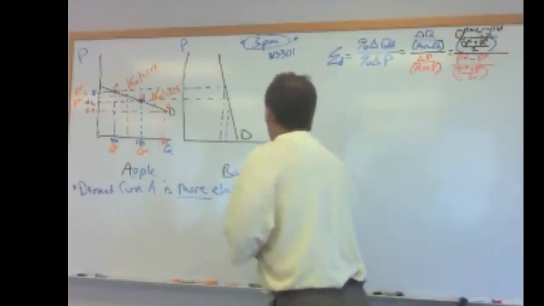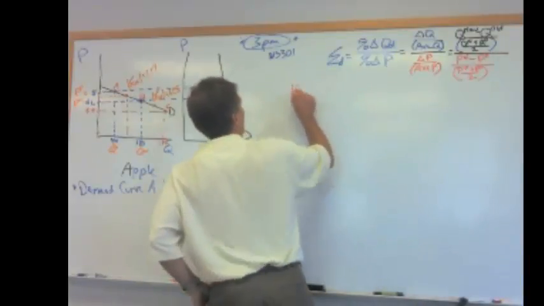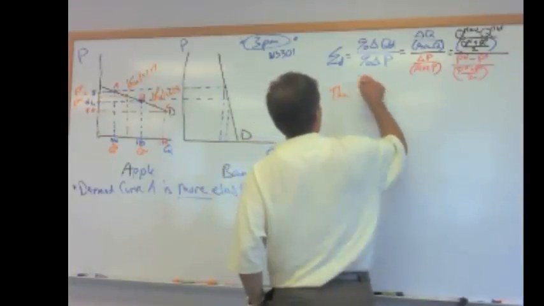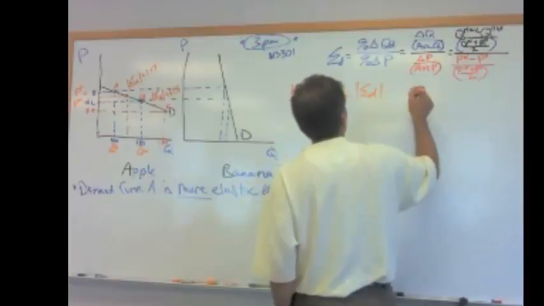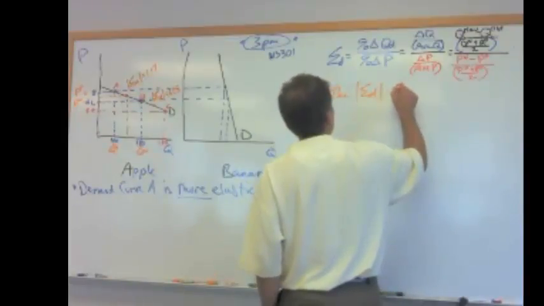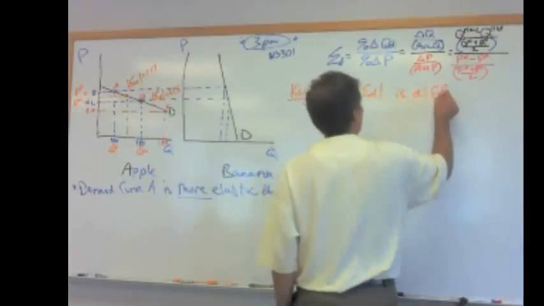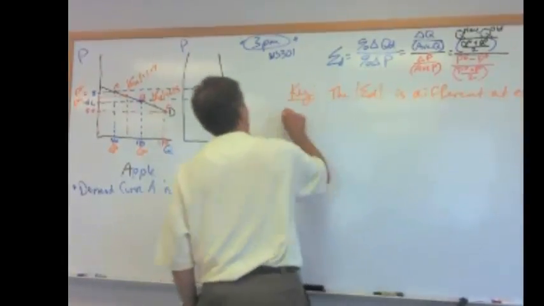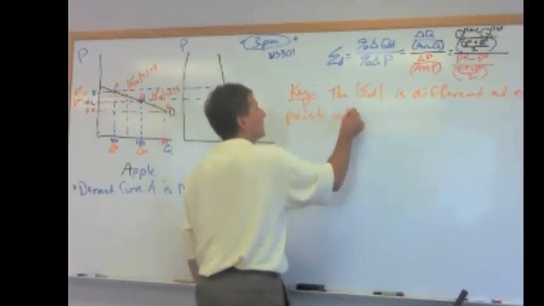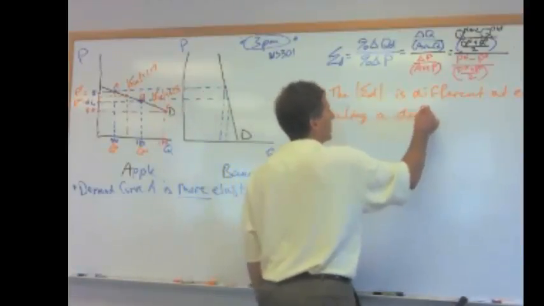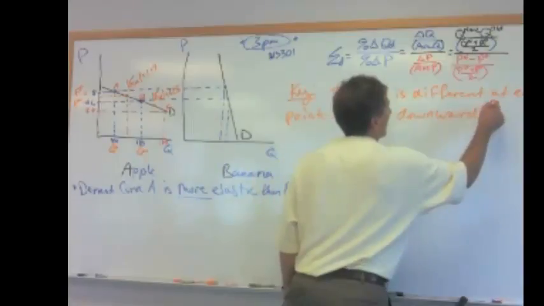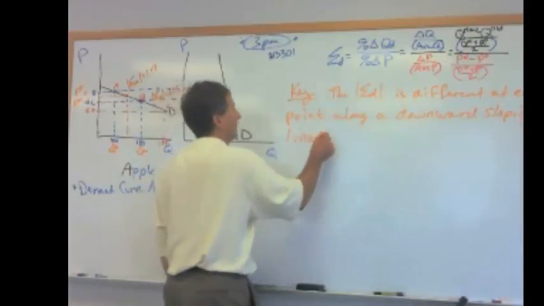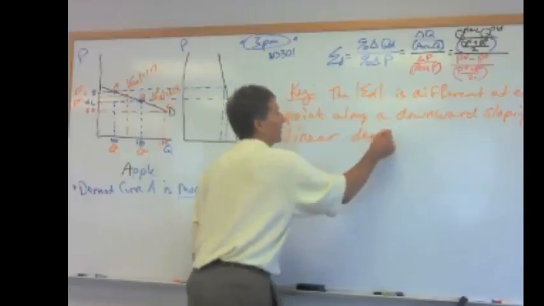All right, so key point. The elasticity of demand in absolute value is different at each point along a downward sloping linear demand curve.